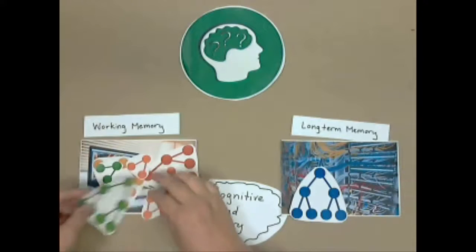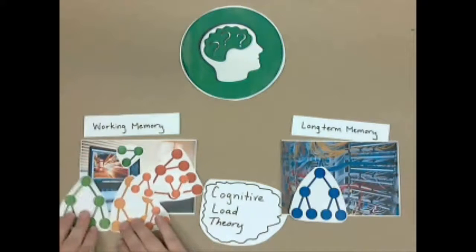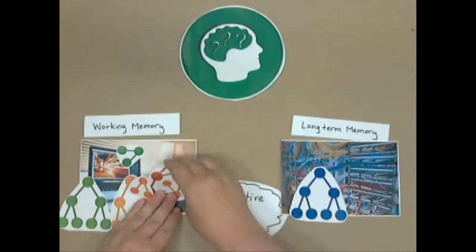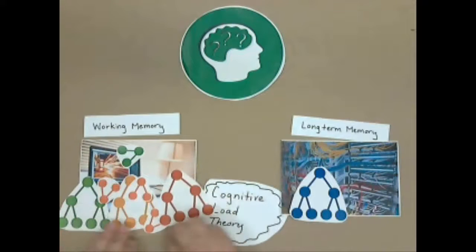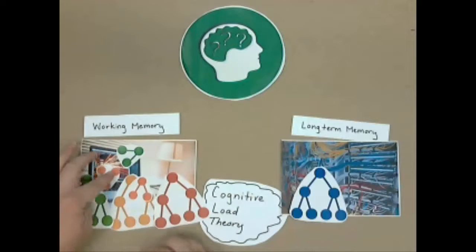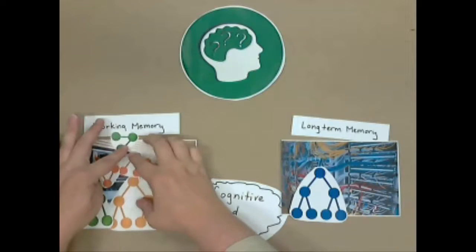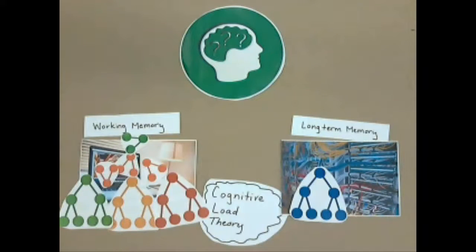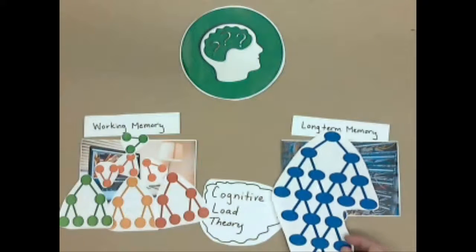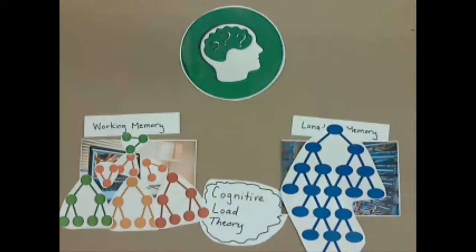So if we have too much information thrown at us in a complex and confusing way, we can easily get overloaded. When we learn, we are taking the nodes of information in short-term working memory and reconsolidating them into a more complex and connected schema of knowledge. This is why it's so much easier to learn when you're already familiar with the content than when everything is brand new. So how do we do this?